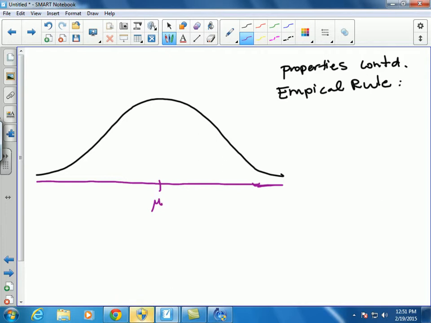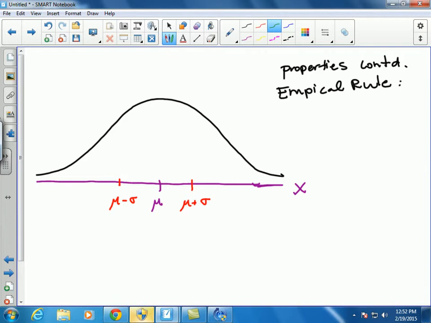Then you can break up the continuous random variable, this is x, into some other parts. So this is mu plus 1 standard deviation, and this is mu minus 1 standard deviation.